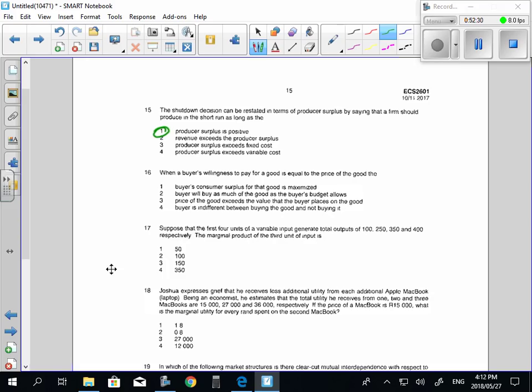But we said that the supply curve was the marginal cost. Okay. Marginal cost by the supply curve, and the market price was the marginal revenue. So you would not produce and sell a product if the marginal cost was above the marginal revenue. Okay, does that make sense? Which means that your producer surplus needs to be positive, your marginal cost needs to be below your marginal revenue. You guys cool with that? Okay.